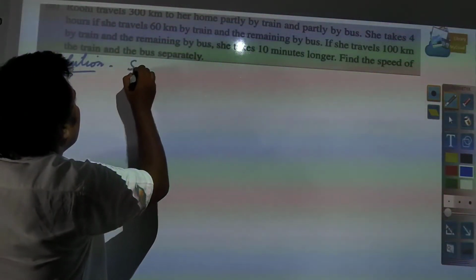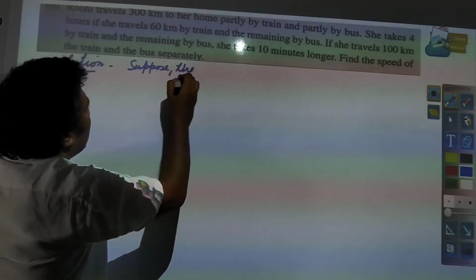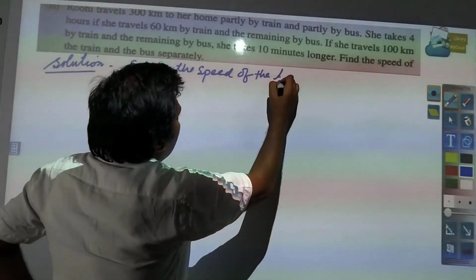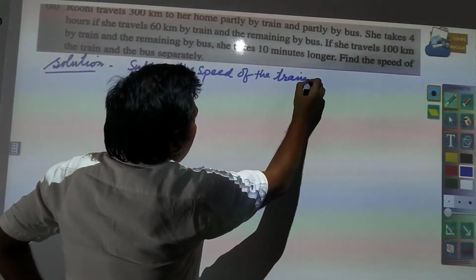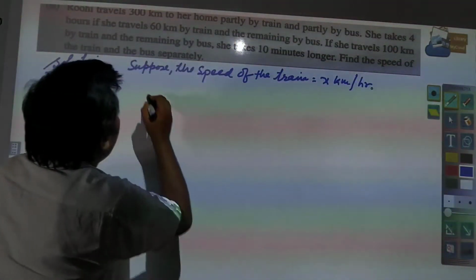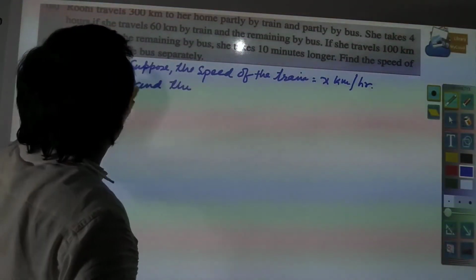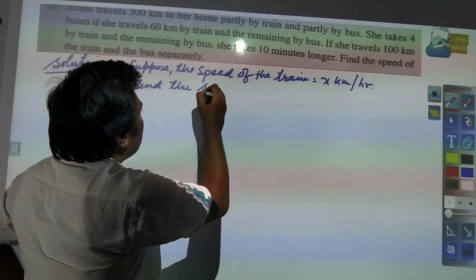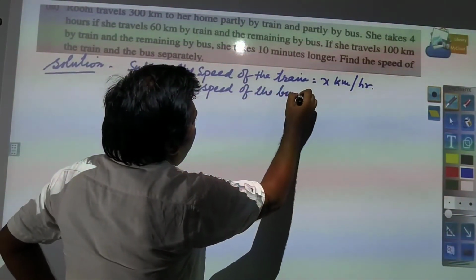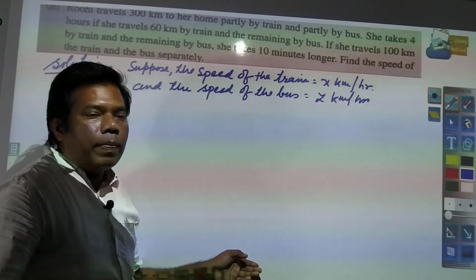So you assume, suppose the speed of the train is equal to x kilometer per hour, and the speed of the bus is equal to y kilometer per hour you have.